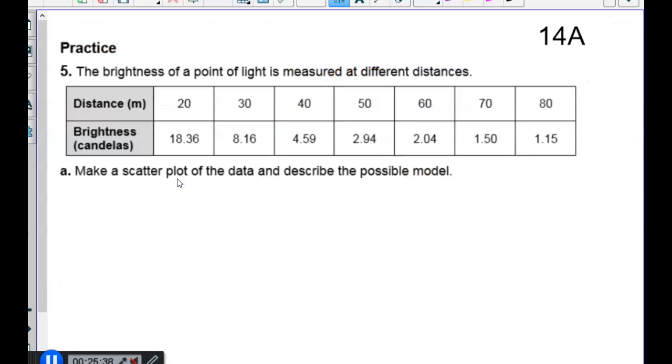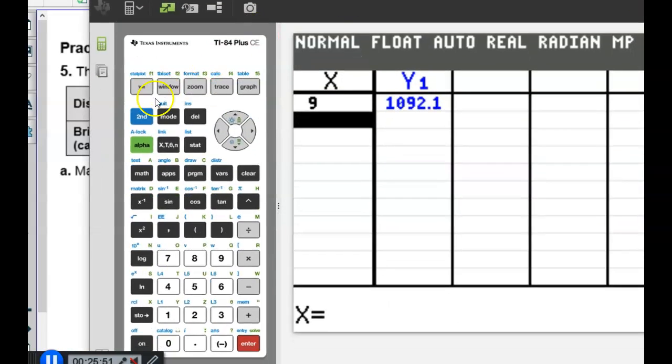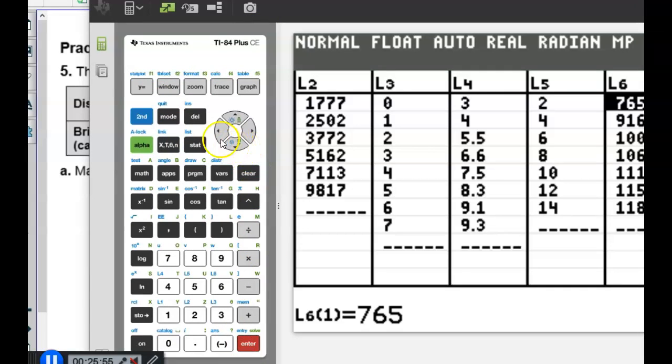All right. Can you do this one? Because this one doesn't give us a model we're supposed to pick. Now, I don't think I have this one typed in. Is it 20 through 80? All right. I am going to go ahead and put mine in.